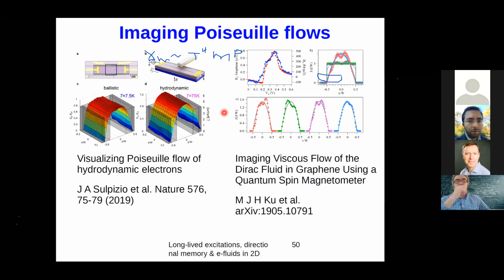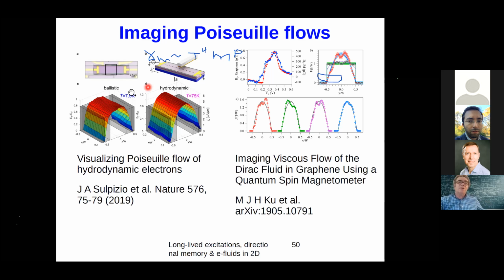There are experiments at the Weizmann Institute, for example, using capacitance probes, and they adapted some ideas from our paper on how to map out velocity profiles in these systems, and they are seeing something that looks promising.